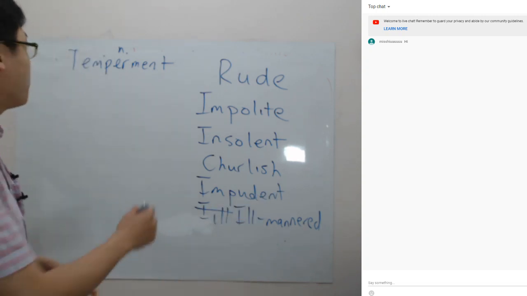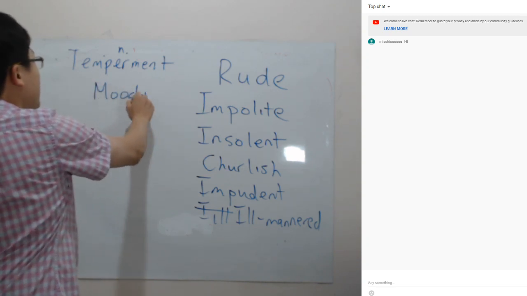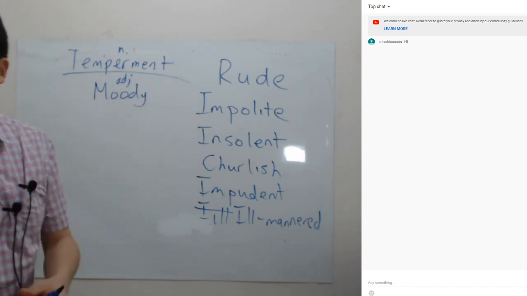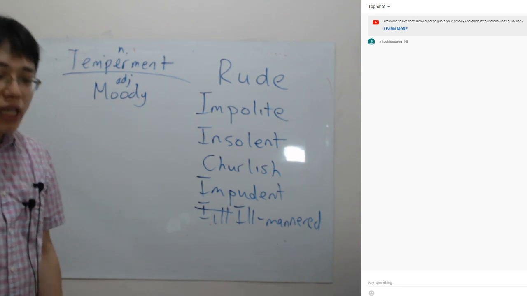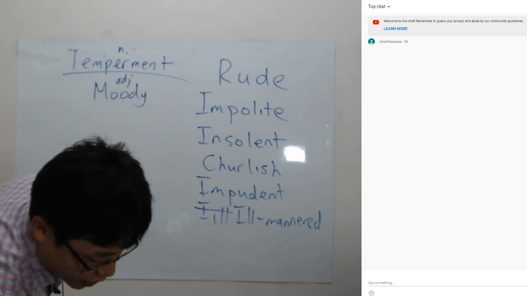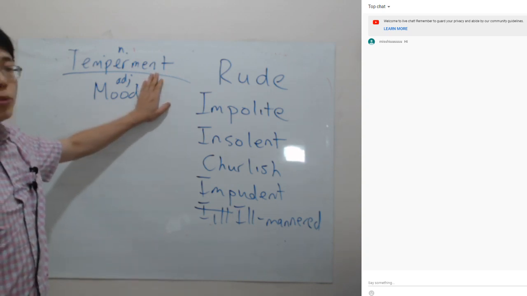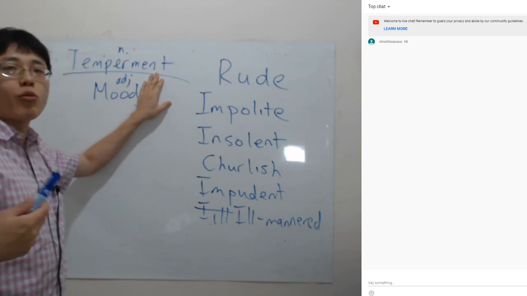Okay, so if people have a poor temperament, generally meaning angry, we don't want to use that word all the time. We can use other words like moody. Only temperament is a noun, everything else is going to be an adjective here. So we have moody. I don't know if you know the word mood. If you have a good mood or a bad mood, it will affect the way you act in the world.